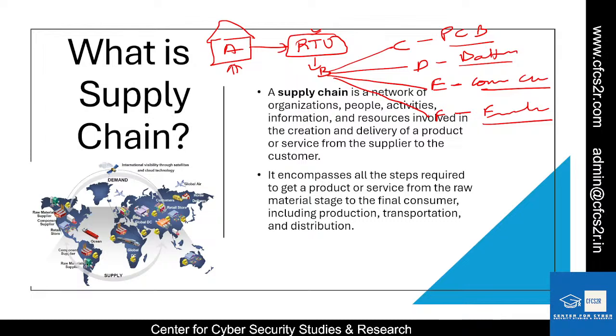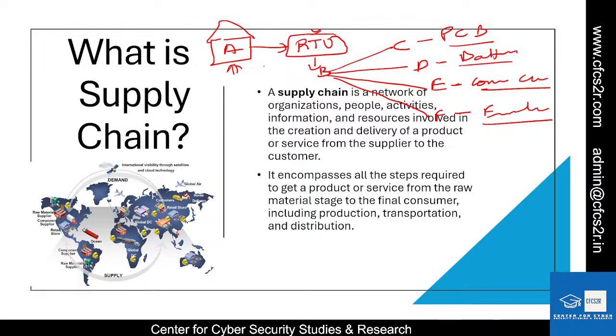So you can see a single product is not manufactured by an entire organization. This entire way of supplying is basically what we call supply chain risk management.